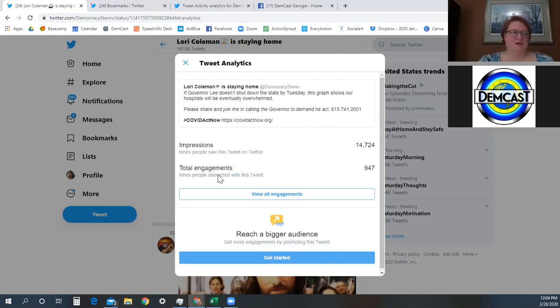Okay. And then engagements. This is really more of an important analytic factor. Impressions means somebody potentially glanced at it, but engagements means they interacted with it in some way.